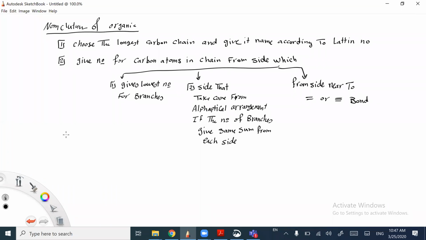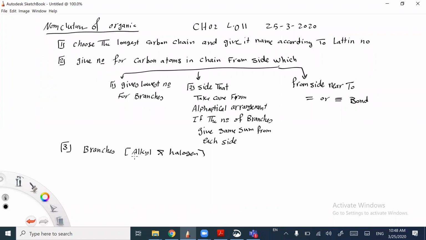Number three, the branches: alkyl and halogens.